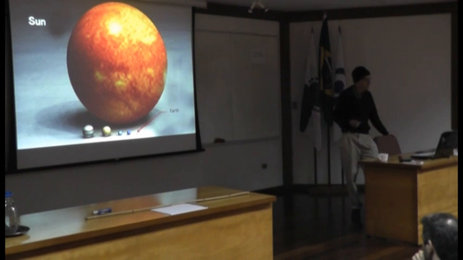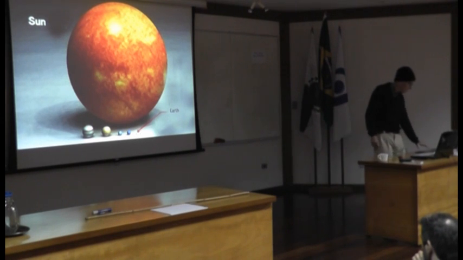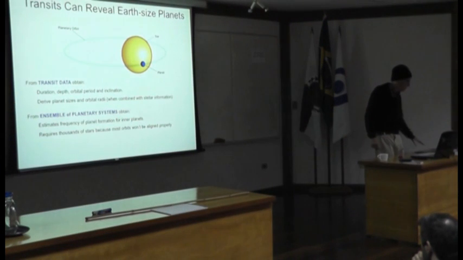Detecting planets like Earth in front of sun-like stars by transit means you need very sensitive photometry, very sensitive measures of light. The atmosphere is a real problem for that. That's why Kepler is a space telescope.